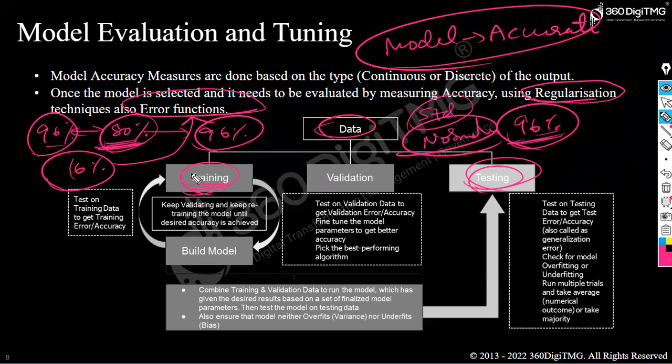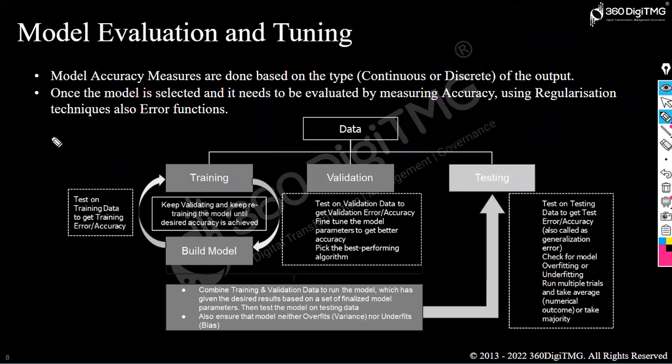And when you are doing this training data and testing data, we come across overfitting and underfitting concepts. Now, when we have a huge difference between trained data accuracy and test data accuracy, we call that overfitting.